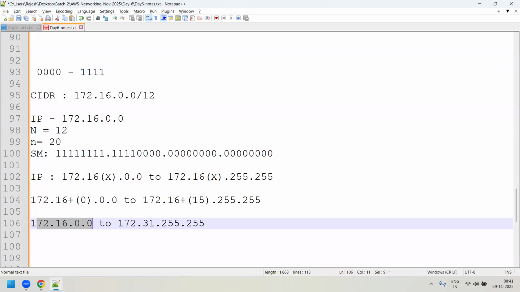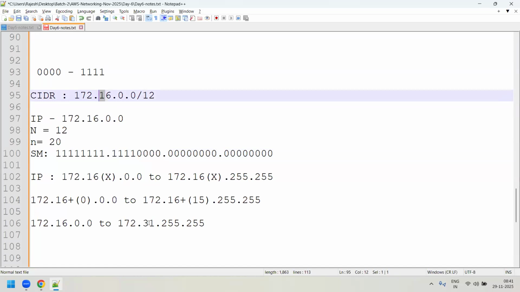So you are converting the binary to decimal, right? Yes, obviously, because these 4 bits only I'm considering. The least value will be 0000. The highest value will be 1111. All ones are nothing but 15, right? If you convert the binary 1111 to decimal, it will be 15. So here what happened? This is the second octet, 16. I'm adding that 15 to the 16, so I got 31.